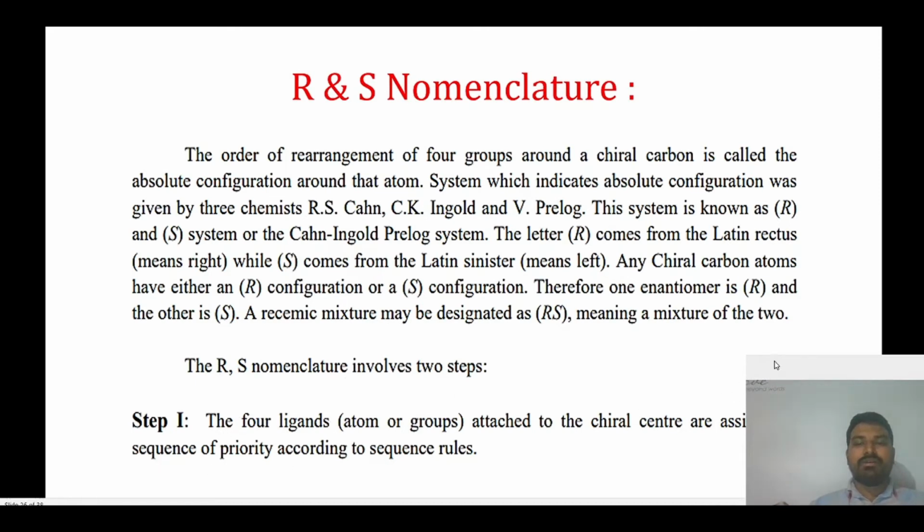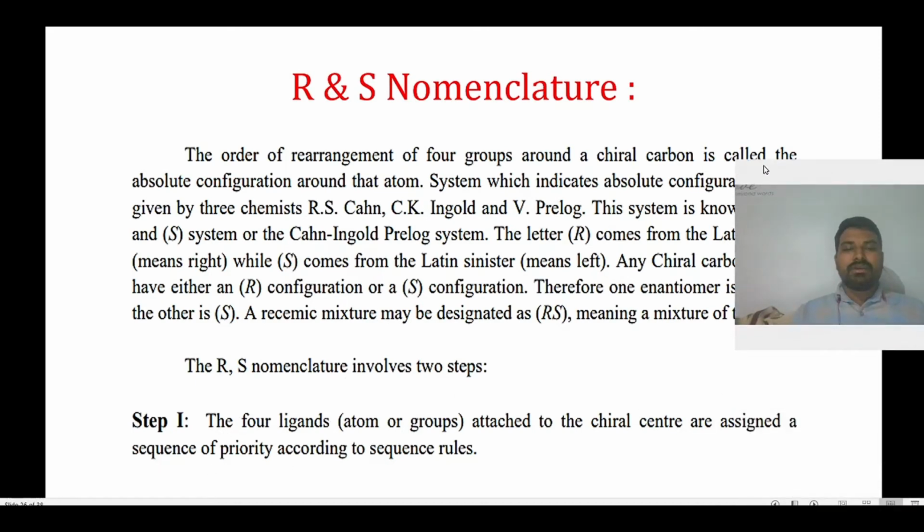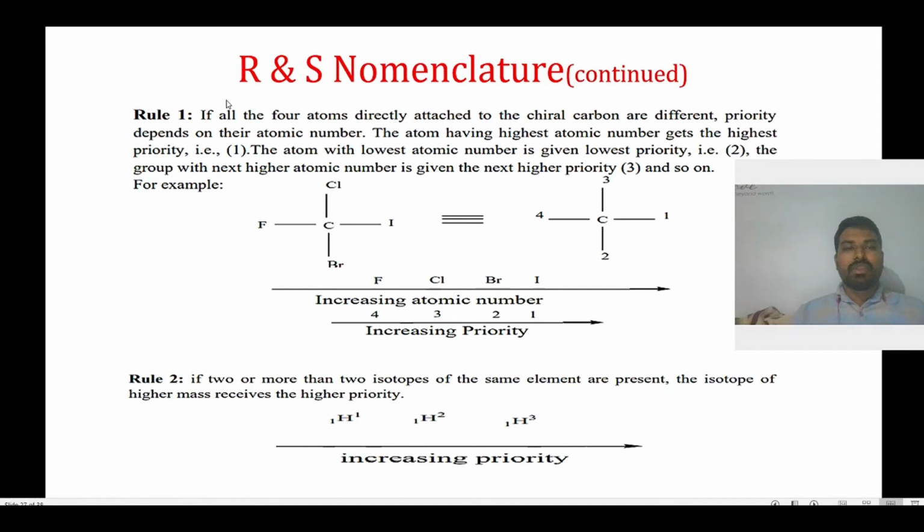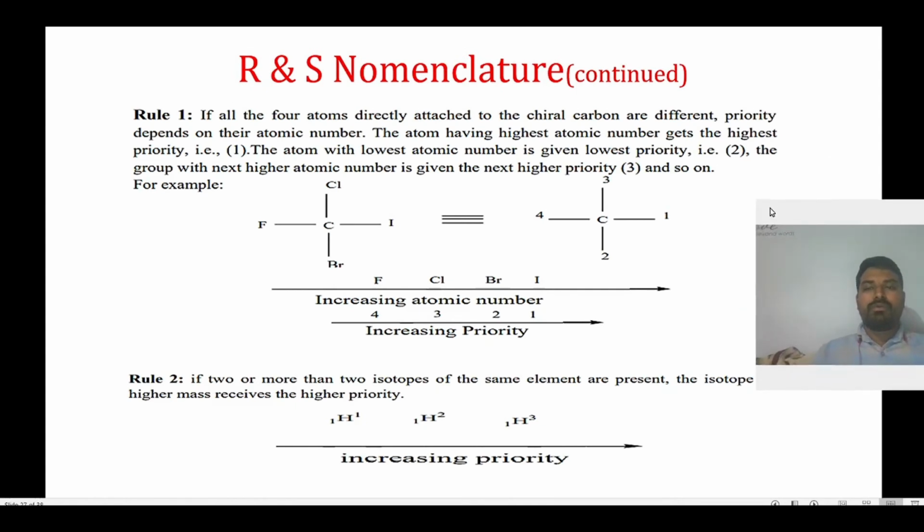Step 1. The 4 ligands, atoms or groups attached to the chiral center, are assigned a sequence of priority according to the sequence rule. That means the 4 atoms or groups attached to the carbon atom at the chiral center will be given a priority, which is known as the sequence rule. Now rule number 1.